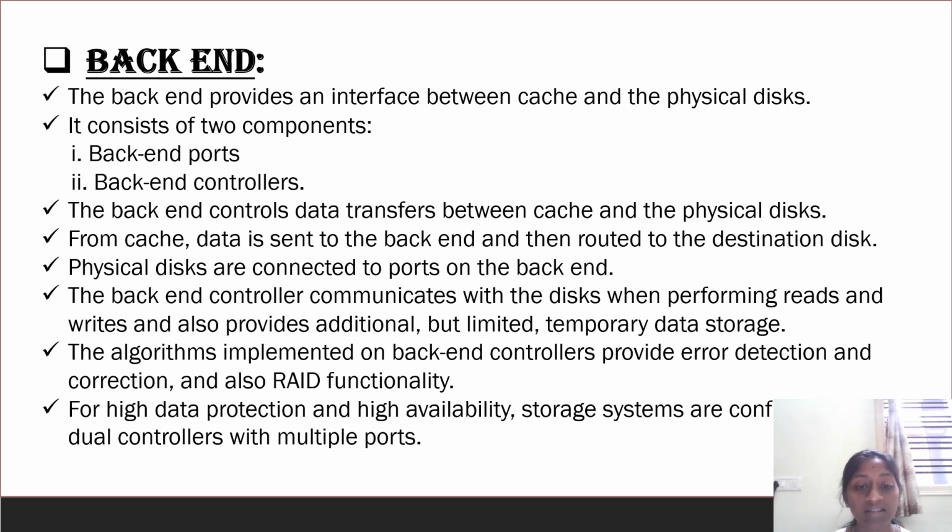Physical disks are connected to ports on the back end. The back-end controller communicates with the disks when performing reads and writes and also provides additional but limited temporary data storage. The algorithms which are implemented on back-end controllers provide error detection and correction and also RAID functionality. For high data protection and high availability, storage systems are configured with dual controllers with multiple ports.